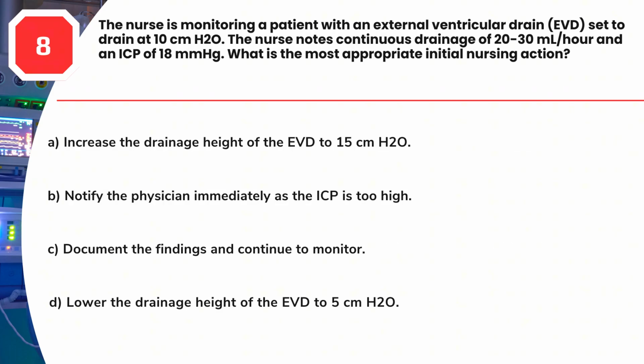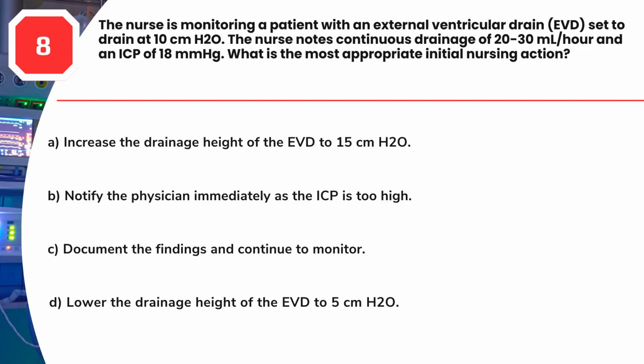Question 8. The nurse is monitoring a patient with an external ventricular drain, EVD, set to drain at 10 cm H2O. The nurse notes continuous drainage of 20 to 30 ml/hour and an ICP of 18 mmHg. What is the most appropriate initial nursing action?